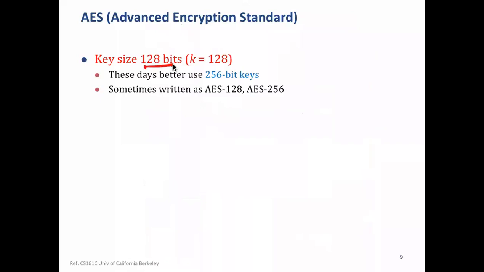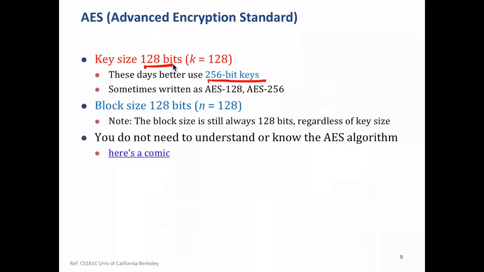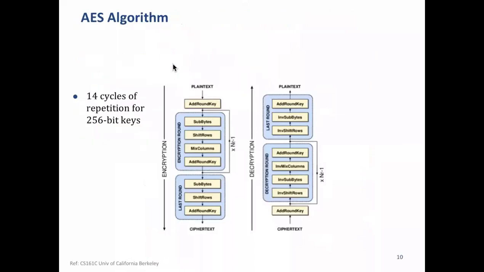Of course, now we use 256-bit keys, and the block size is 128. It is similar to DES, but the churning, movement, and substitution are designed differently, and now this is the standard.